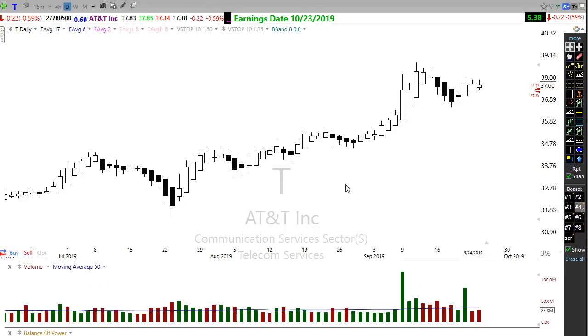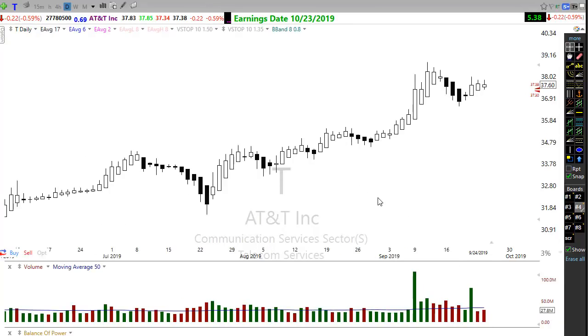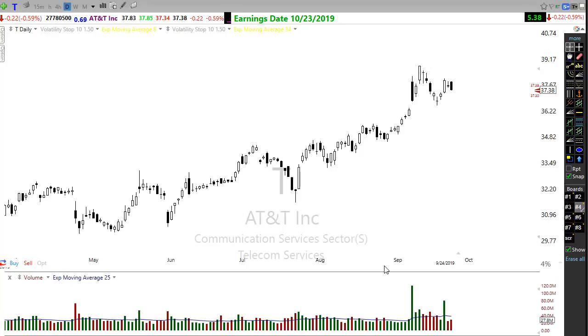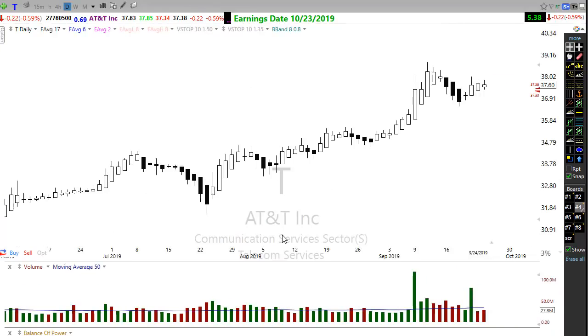The Heikin-Ashi chart smooths all that out. Okay, it cleans up that jumpiness. Notice that there are no gaps, while over on this chart we have gaps. On this chart we have no gaps.